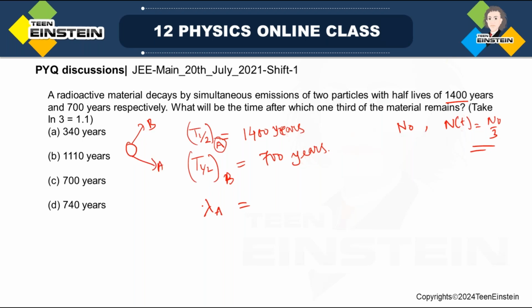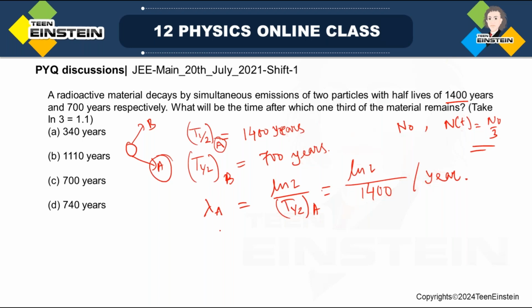Let me find out the disintegration constant for each. If I say lambda A, that is the disintegration constant, it is ln2 by the half-life, that means ln2 divided by 1400, and this will be per year.